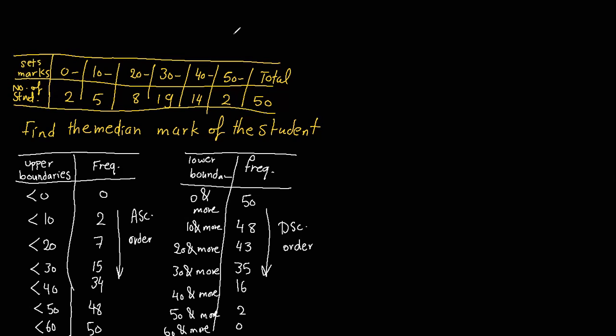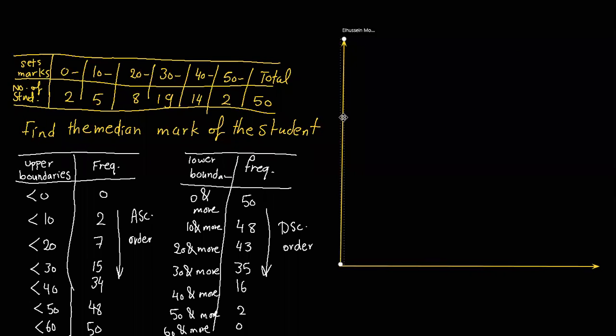So we want to plot these values on the curve like this. Here are the axes, vertical and horizontal. In the horizontal axis it will be the sets, and in the vertical it will be frequency.